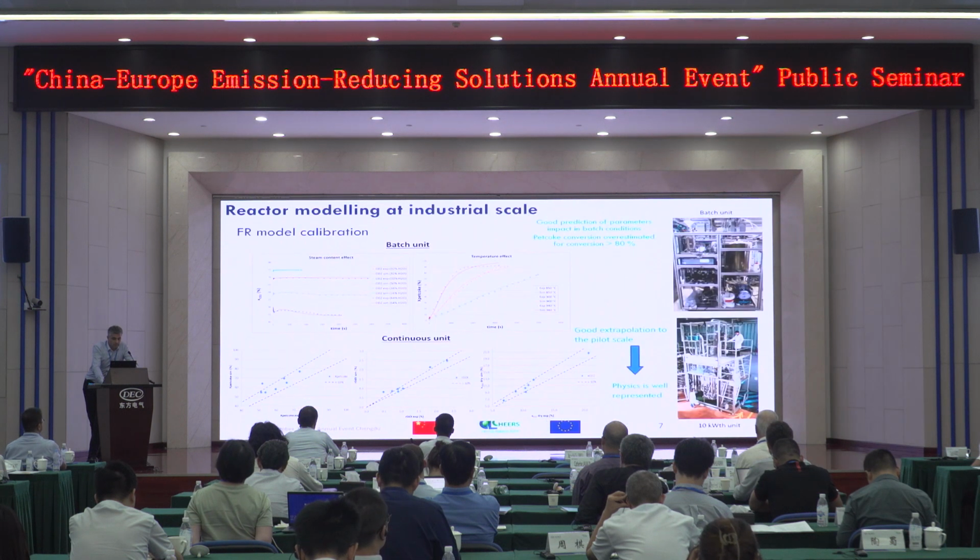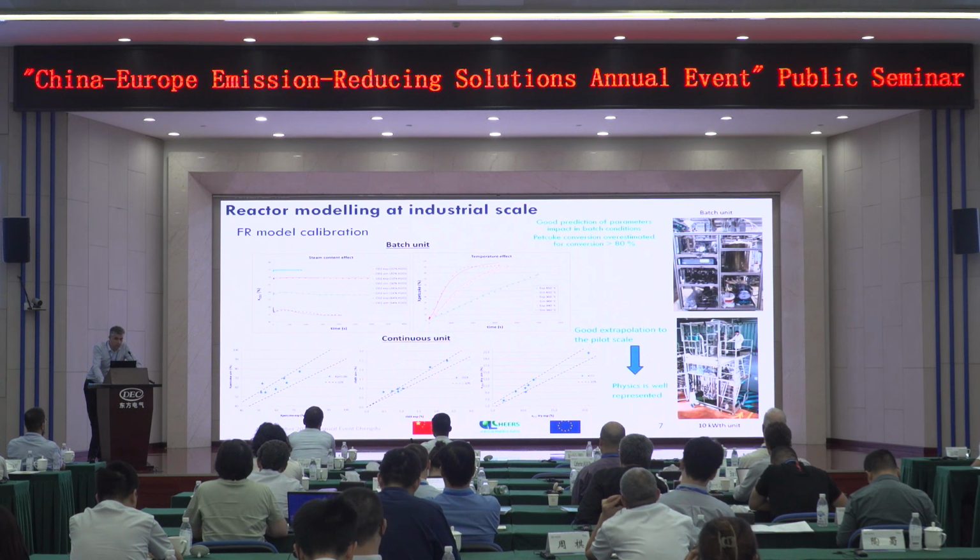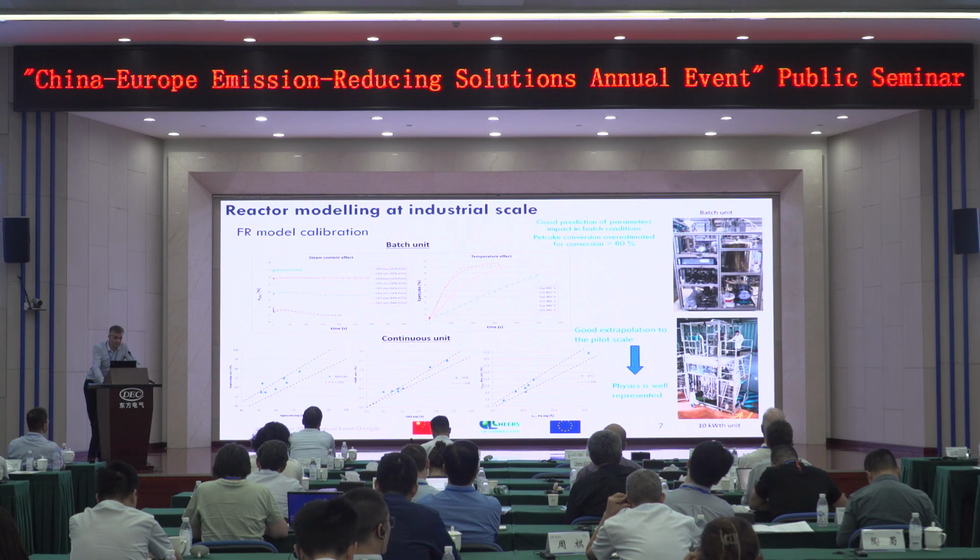At the top of the slide, we see some graphics to show that the first model is well correlated with experimental results. So, as a first approach, we have a good prediction of the parameters' impact in batch conditions. So we have a first model which can then be validated on the other two.